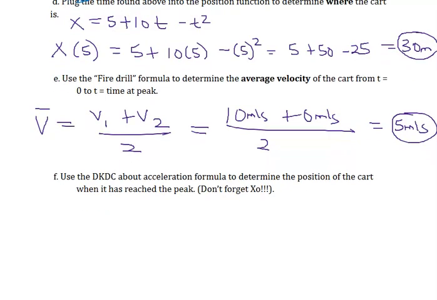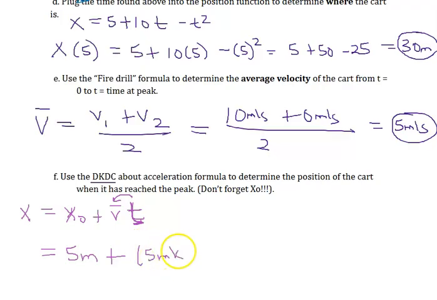Okay, and then we're going to check our work by using the alternative way to find location. Again, it's not really a function because this time is not any time, it's the time over which you calculated the average velocity. So it had a 5-meter head start, and on average, it was going 5 meters per second.